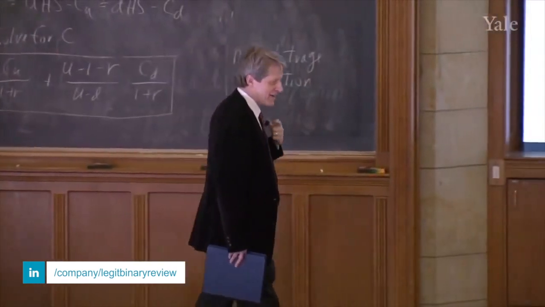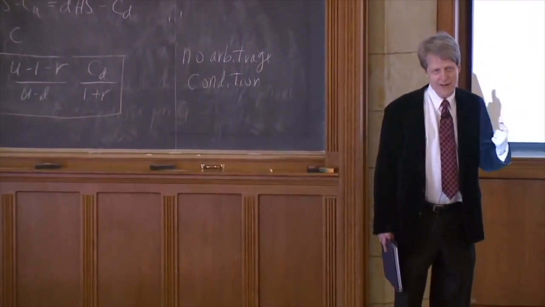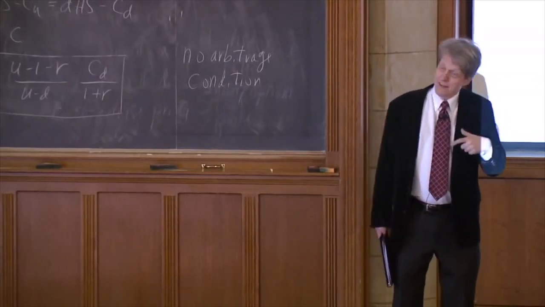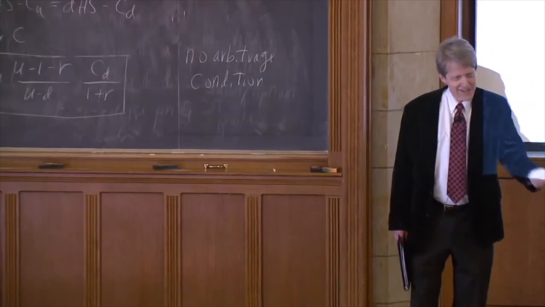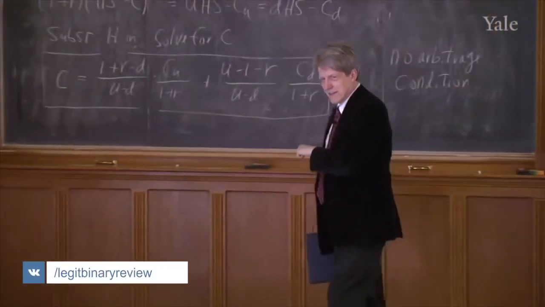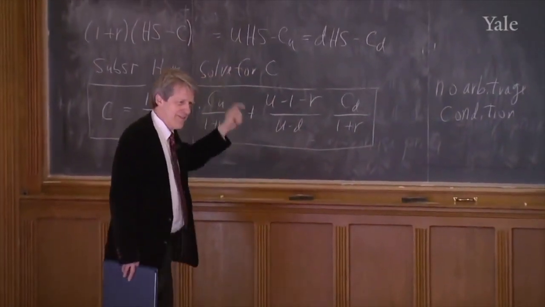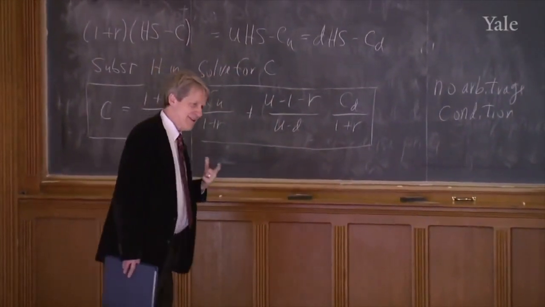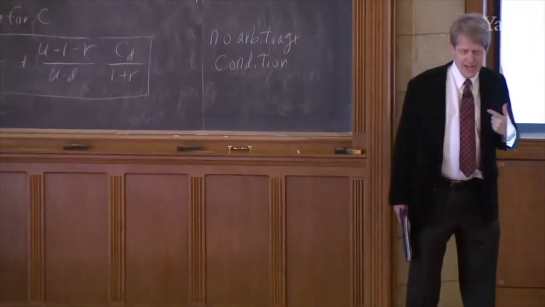Suppose the riskless rate is 5% and I can make 6% risklessly. Then I will borrow at the riskless rate and put it into the 6% opportunity, and I'll do that till kingdom come. There's no limit to how much I'll do that. It's too much of a profit opportunity to ever happen.